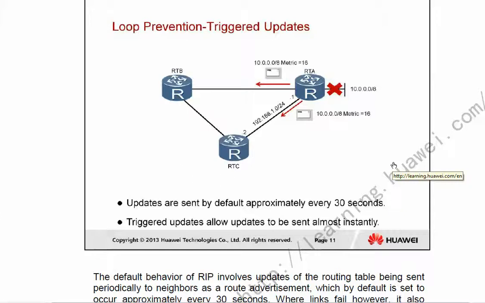So triggered updates shorten the network convergence time, because by default the updates are sent about every 30 seconds. So a triggered update allows the update to be sent almost instantly.